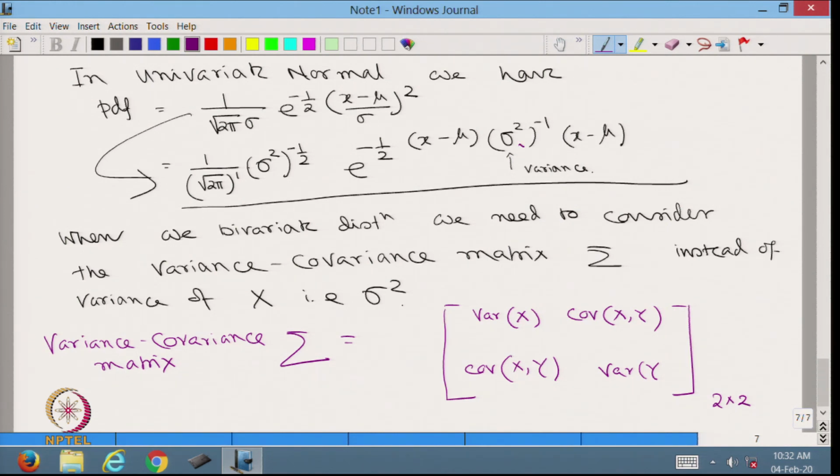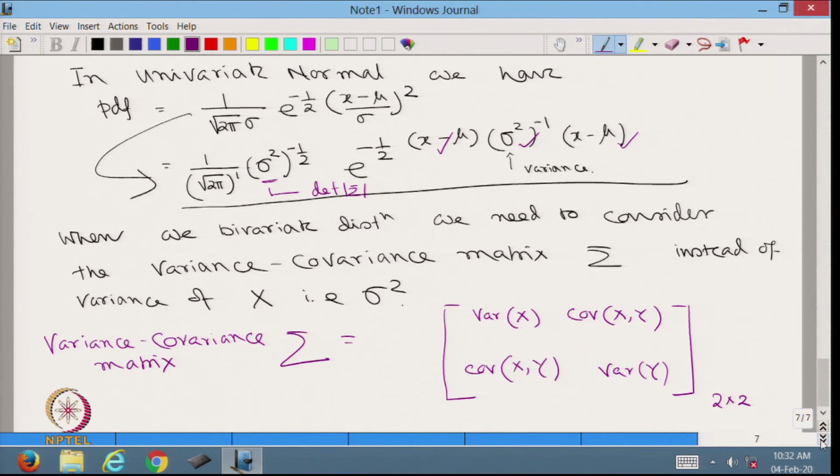So, the variance sigma square needs to be replaced by the inverse of this 2 by 2 matrix, and here, because it is a scalar, we need to use the determinant of sigma. So, this is how we need to change, and of course, this x minus mu, which was a scalar, now becomes a 2 dimensional variable.